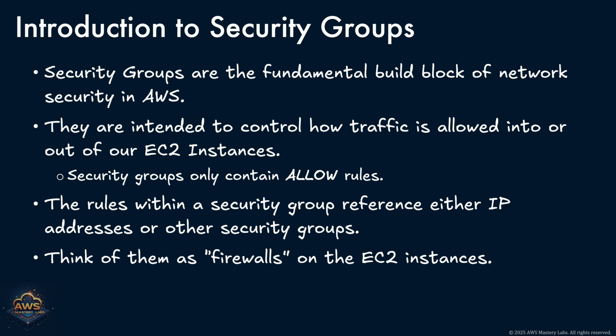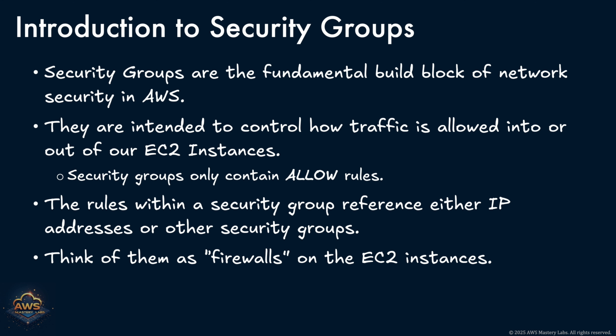By default, security groups are set to deny all traffic, and only traffic explicitly allowed through security group rules is permitted. Each rule in a security group is defined by three main attributes. Port specifies the port number affected by the rule, e.g. port 80 for HTTP. Protocol defines the protocol for communication, such as TCP for HTTP traffic.